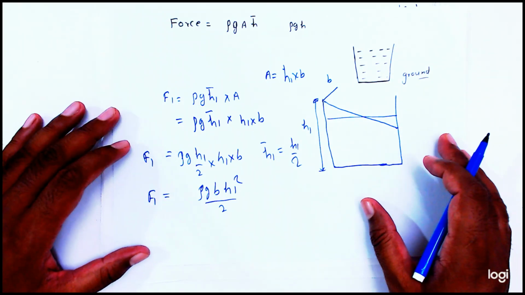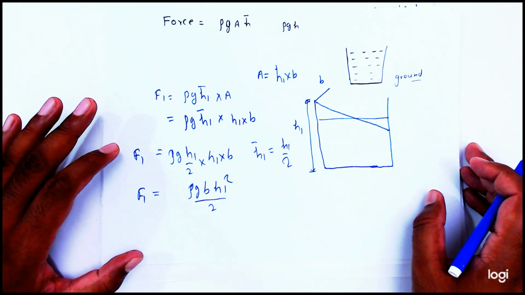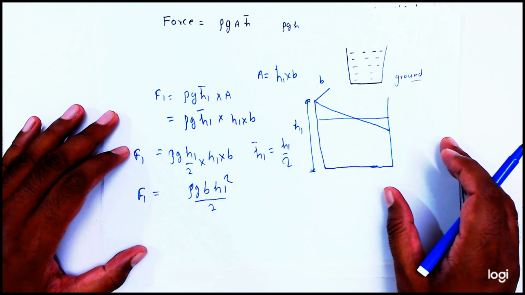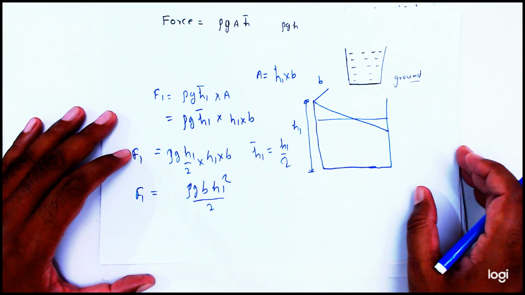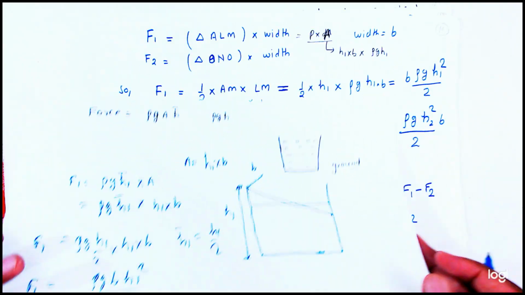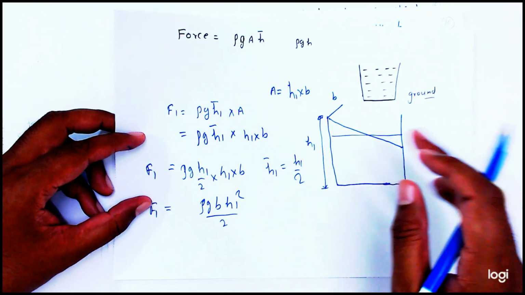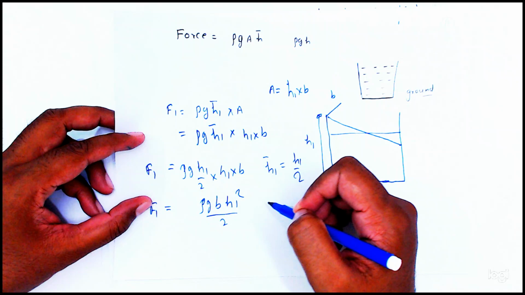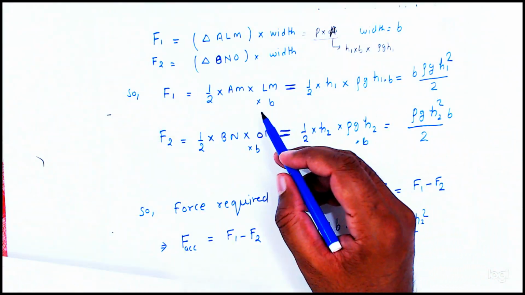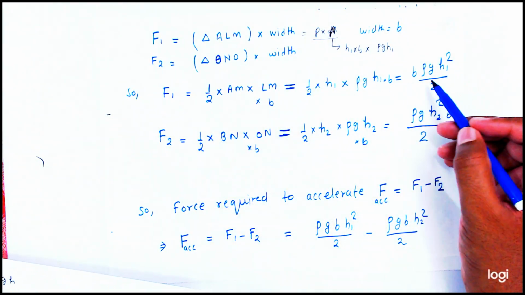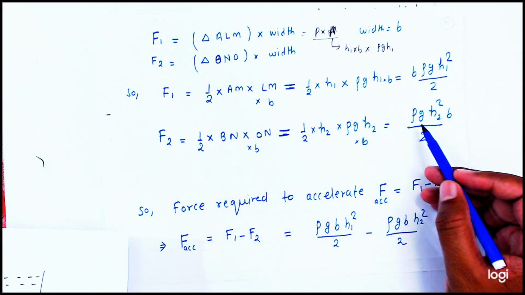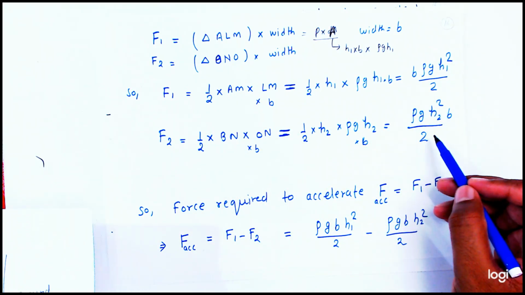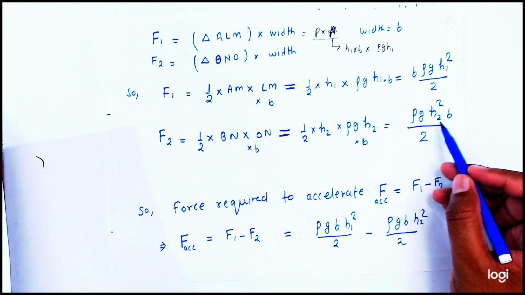Friends, it is getting clear? Otherwise I will see and explain again. Okay friends, but the same thing is there. You calculate it, and if you see, then you will be able to understand. It will come the same thing: F1 is equal to B rho G H1 square by 2 and F2 is equal to rho G H2 square by 2 B, like this.